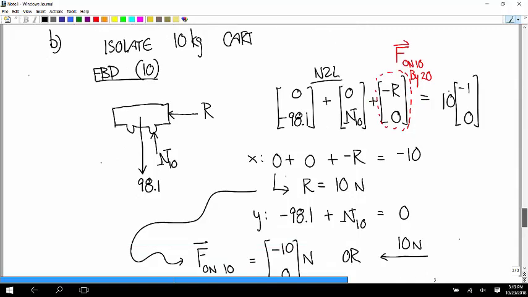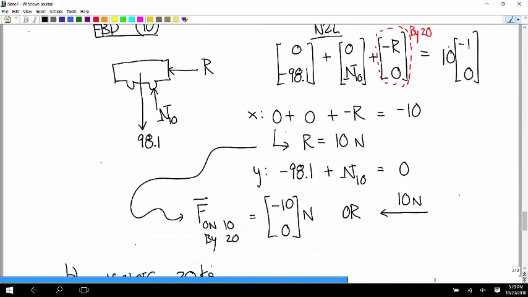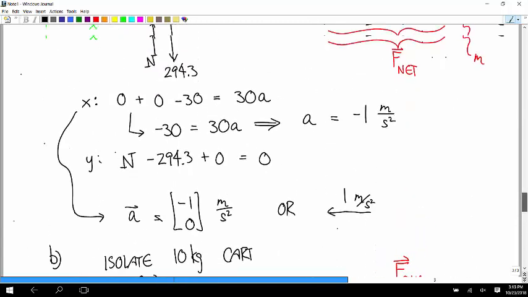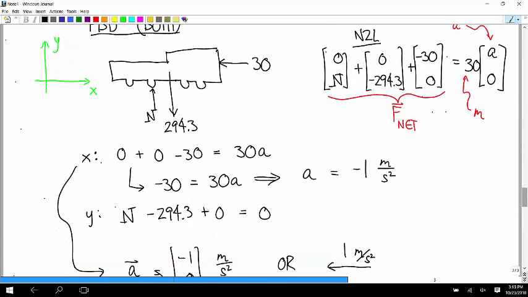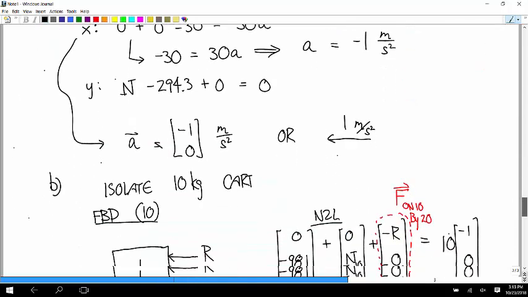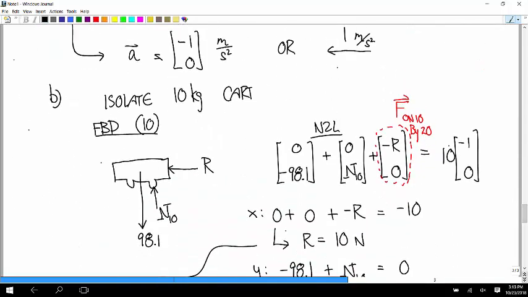I think when you first see it, it's like, when we isolated the 10 kilogram cart, somehow it knew that 30 newton force was there, even though it doesn't show up in the math at all. And then we went to the 20 and the 30 newton force was there, and in both cases we get the same thing.